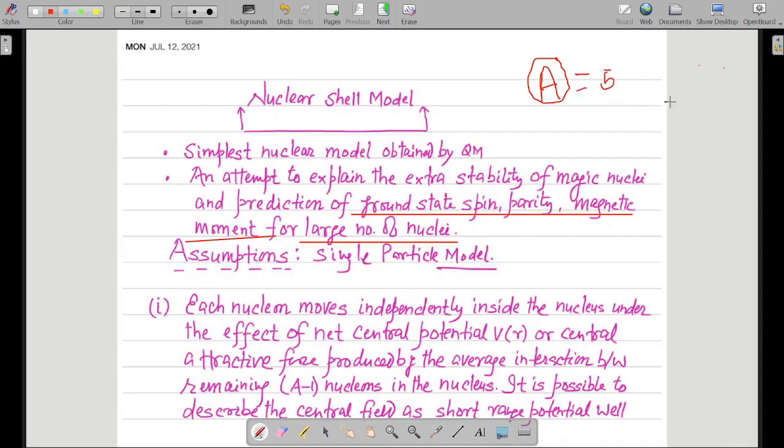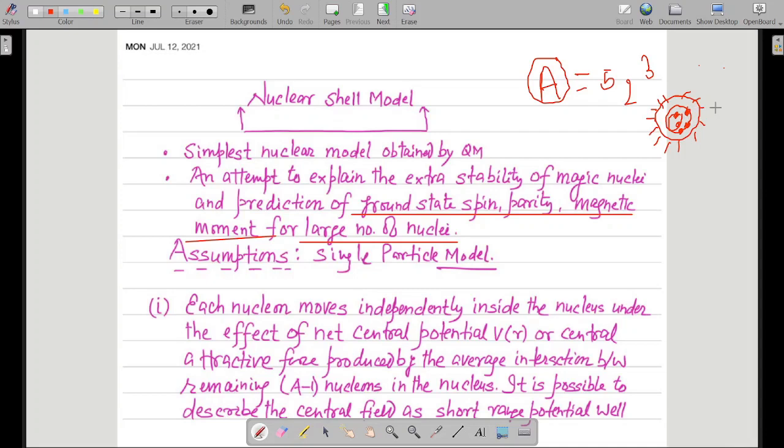Then suppose this is the nucleus, this is its boundary, and inside it there are various shells in which the nucleons are revolving around the center of the nucleus. Suppose we have 2 protons and 3 neutrons. Let us assume the situation to be like this.